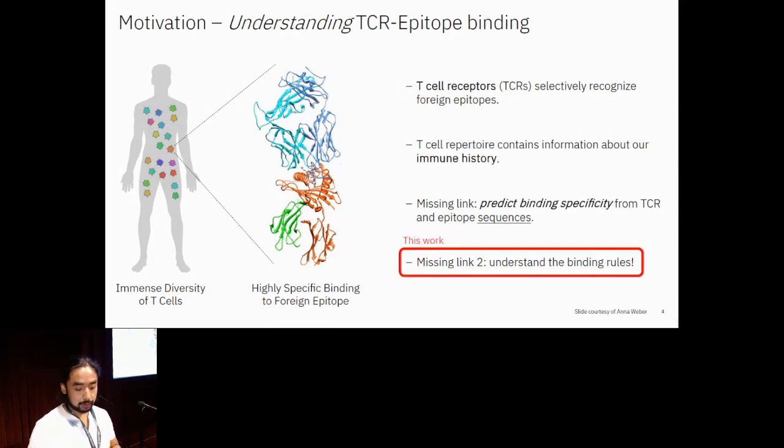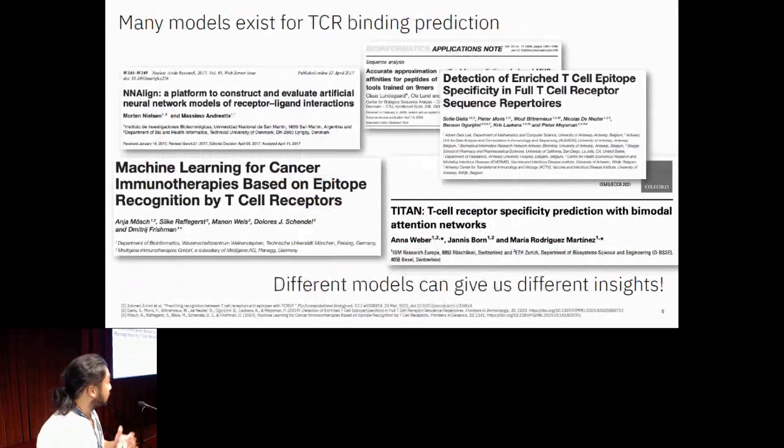So this work is focused on this part because, to be honest, in the last years, thanks to the increase of data and the successes of deep learning, for example, we have seen many models being developed for this particular task.